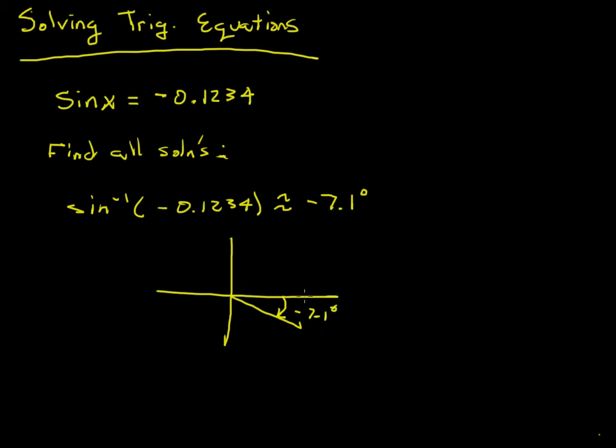And we could use that angle as is, or we could use the positive angle, which would be 352.9 degrees. So what we're going to end up with then, x is approximately 352.9.